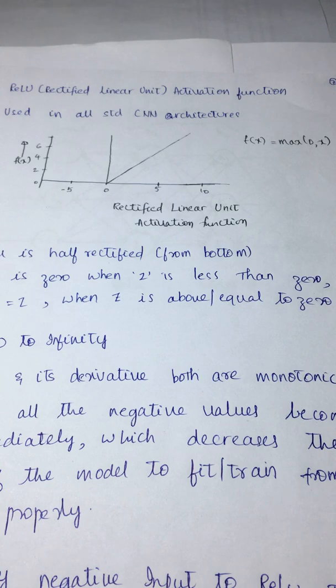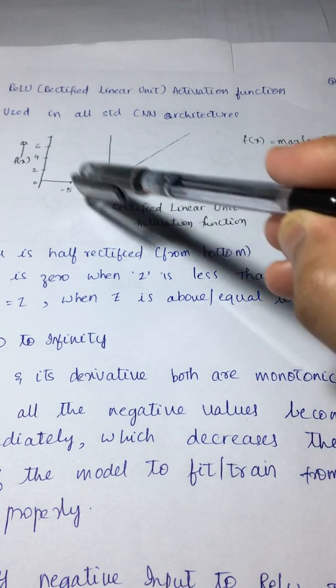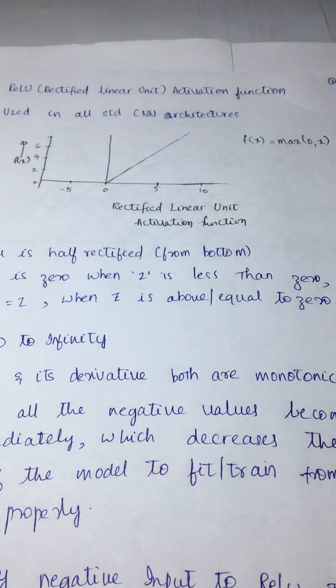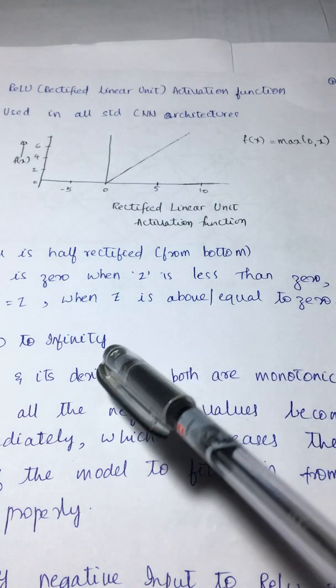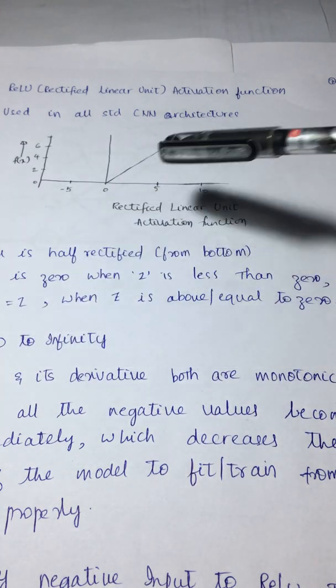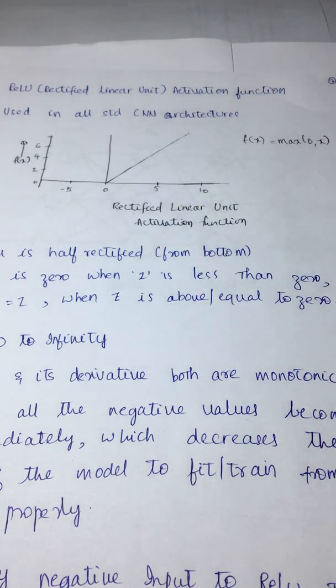You can think of this as mostly a linear function, right? But one major difference is you are restricting it to only positive outputs. Whenever the value of x is less than 0, your output will be 0 only. Correspondingly, its range would be from 0 to infinity.